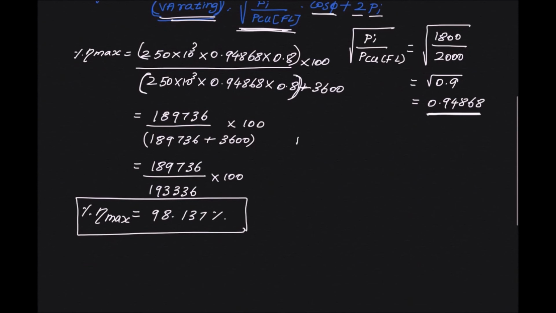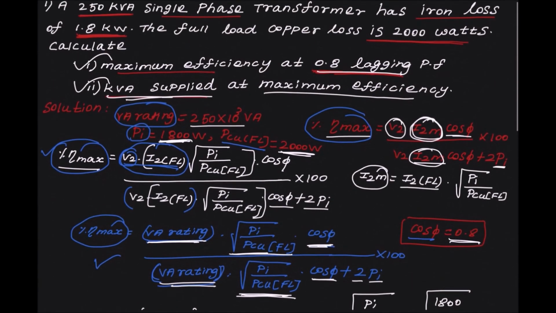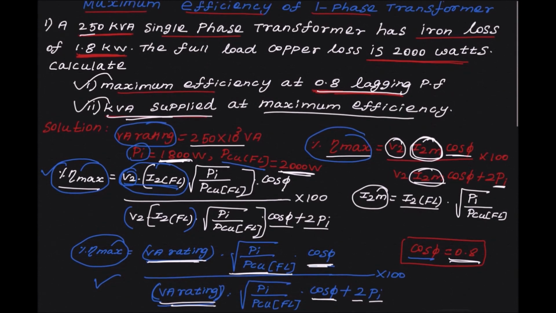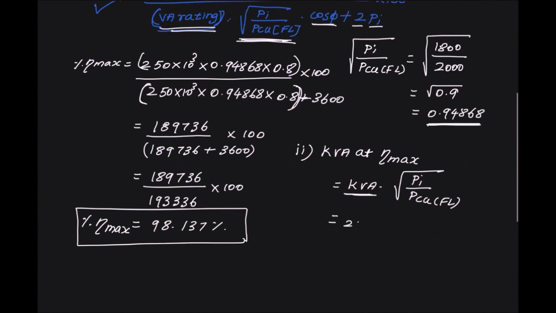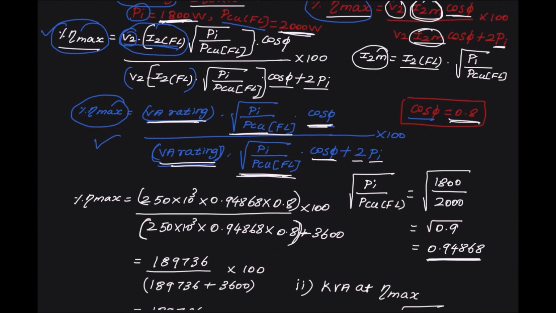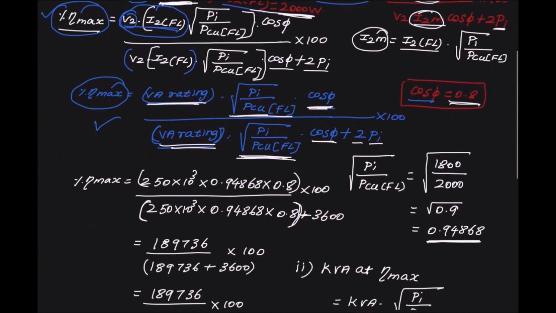The formula for kVA supplied at maximum efficiency is very simple: kVA into root of Pi divided by P copper full load. This kVA is nothing but the kVA rating of the transformer, which is given as 250 kVA. So substitute this: 250 into root of the iron loss, 1800 watt, divided by the copper loss, 2000 watt.